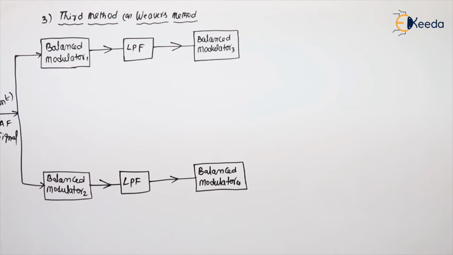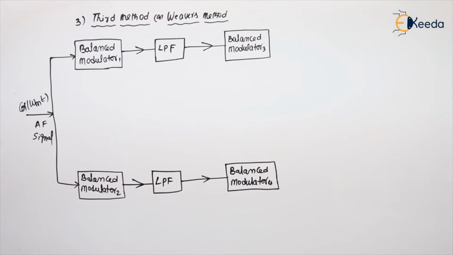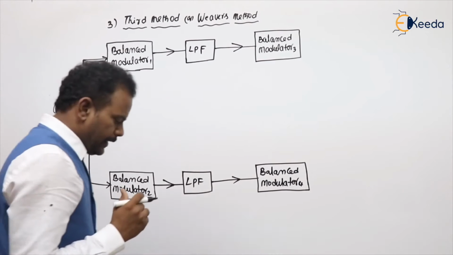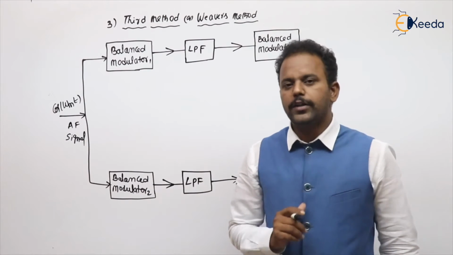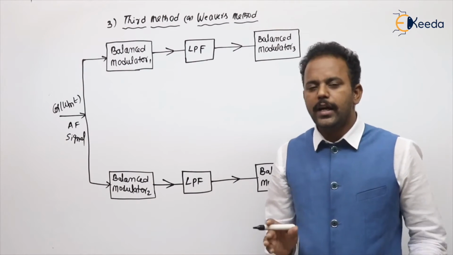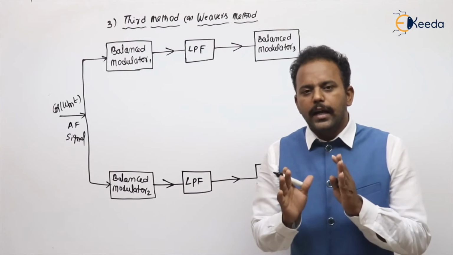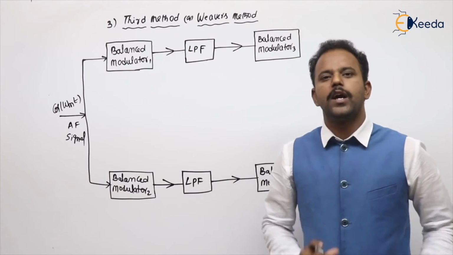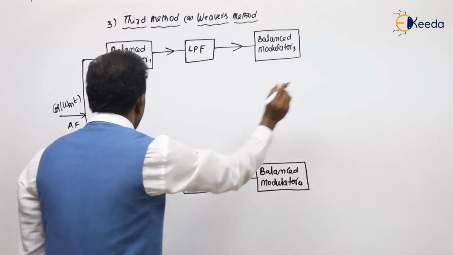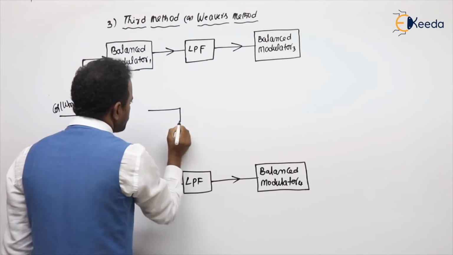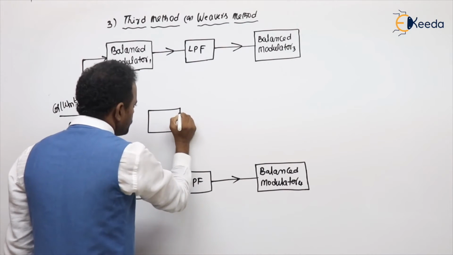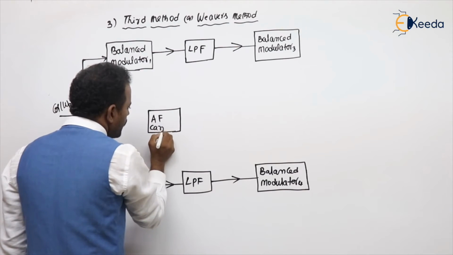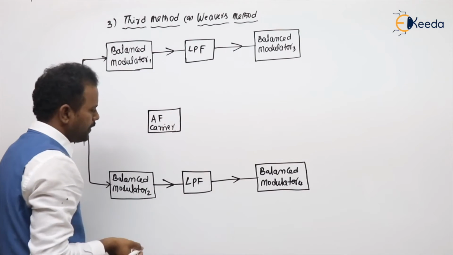Are you following my point or not? Here we are giving cos omega mt, and what we are doing is here directly, rather than the phase shift method, we are taking an intermediate frequency or AF carrier frequency. So here the first one is the AF carrier.